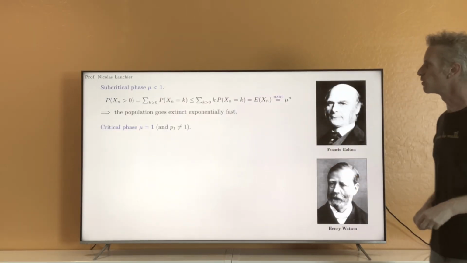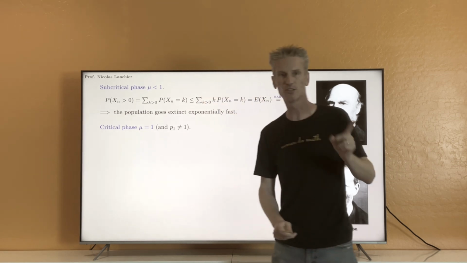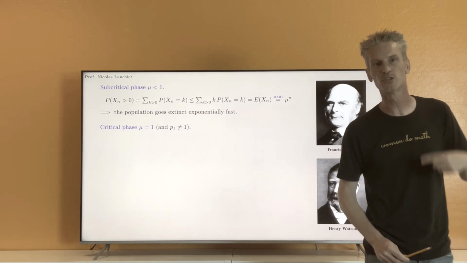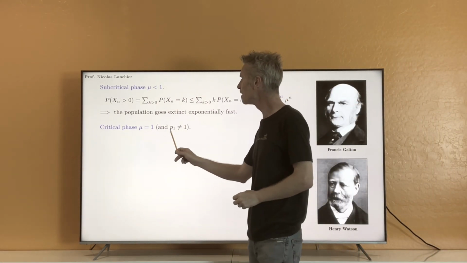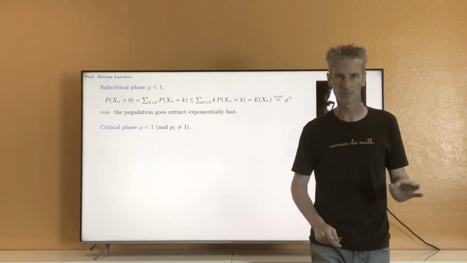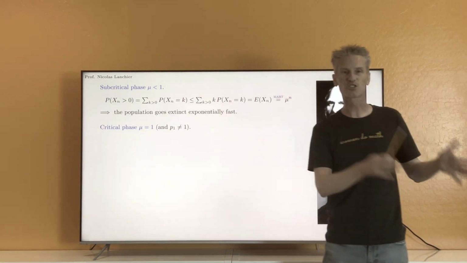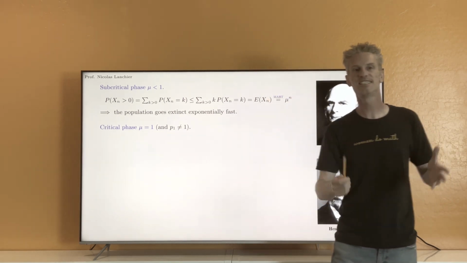Alright, so more precisely, I'm going to study the critical phase, so the case where the expected number of offspring per individual is equal to 1, but I'm going to exclude the case where P1 equals 1, okay? This is an exception. This case is trivial and also boring because the sum of the pk is equal to 1.